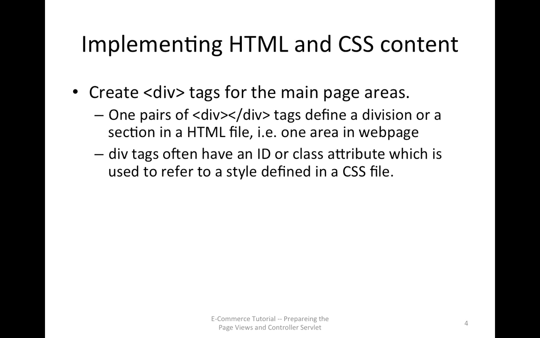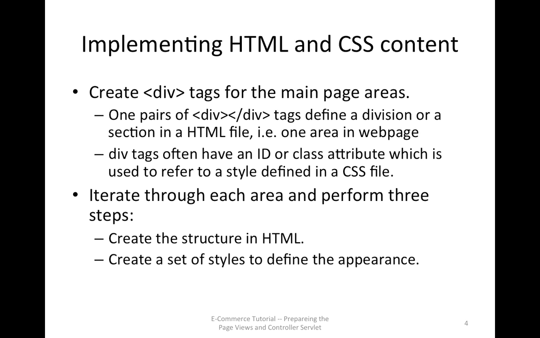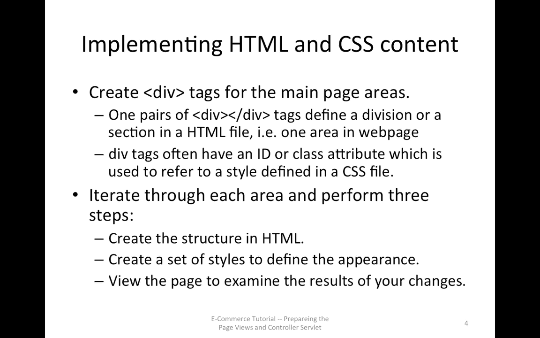Div tags often have an ID or class attribute, which is used to refer to a style defined in a CSS file. Then we iterate through each area and perform the following three steps. First, create the structure in HTML, then create a set of styles to define the appearance, then view the page to examine the results of the changes.